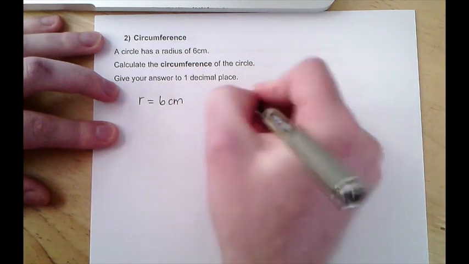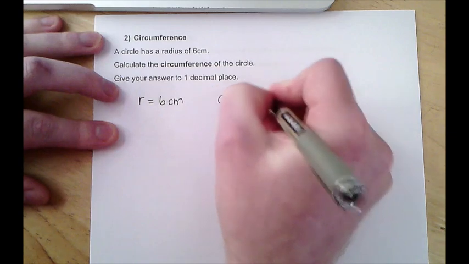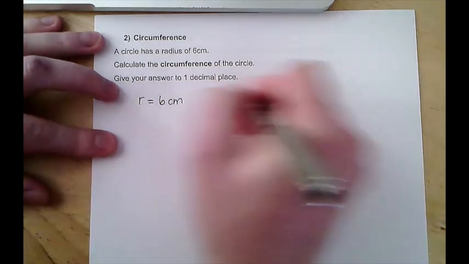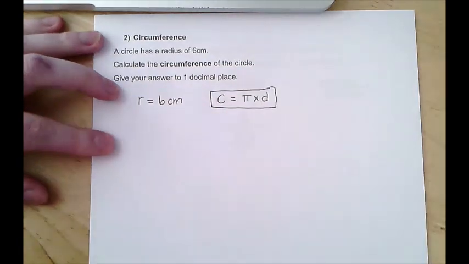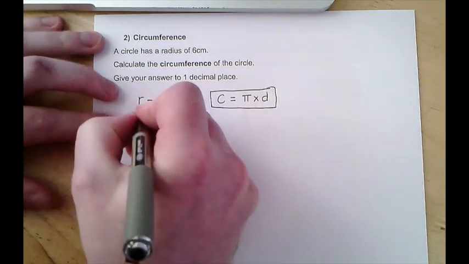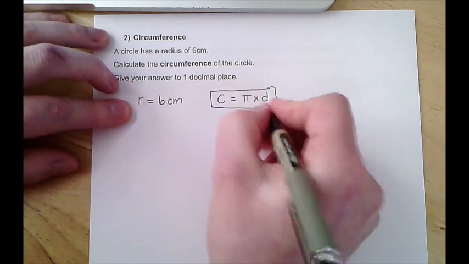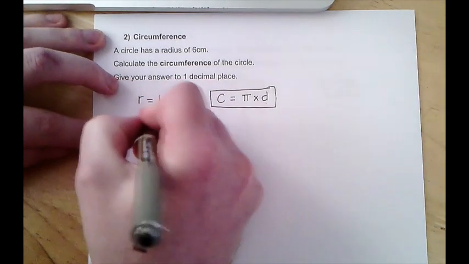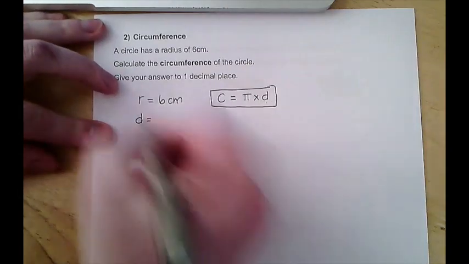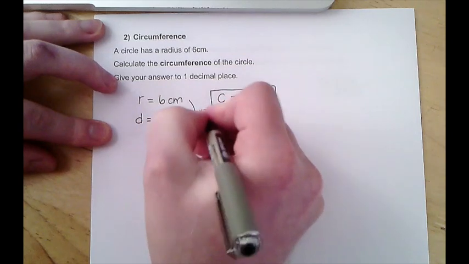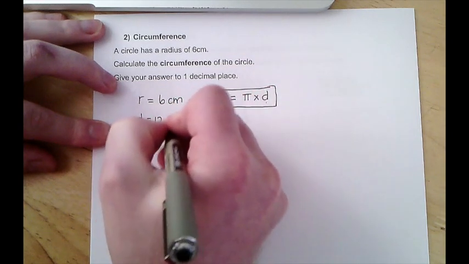We should know the circumference is pi times the diameter. I know my radius, but I need my diameter, so I just need to double my radius, so that's 12 centimetres.